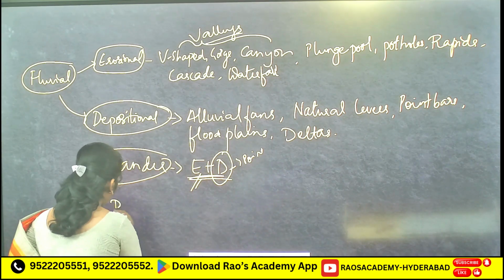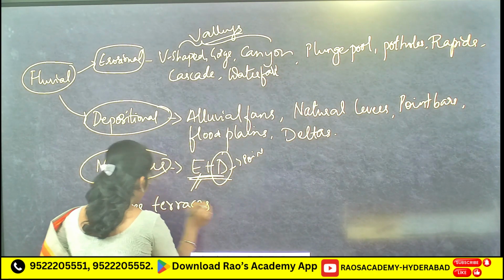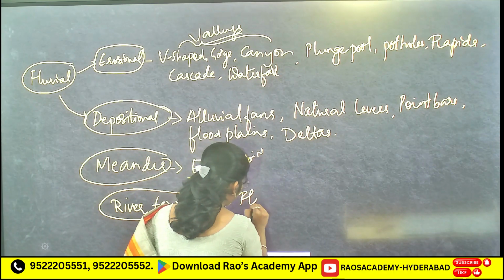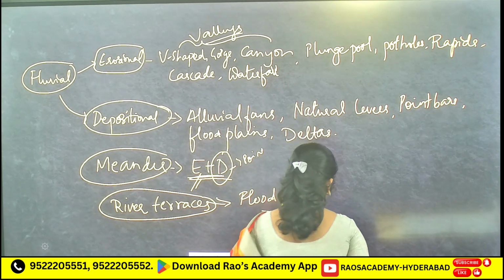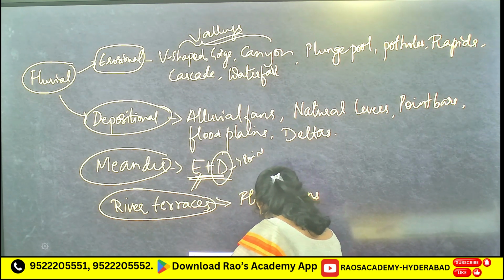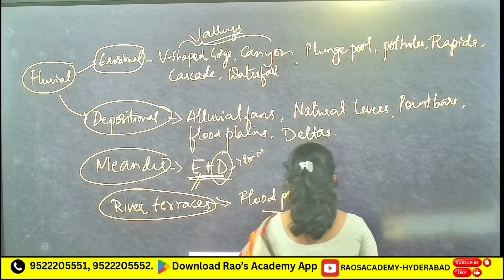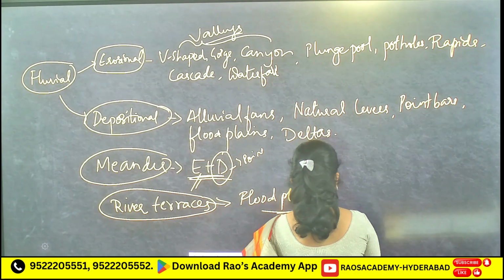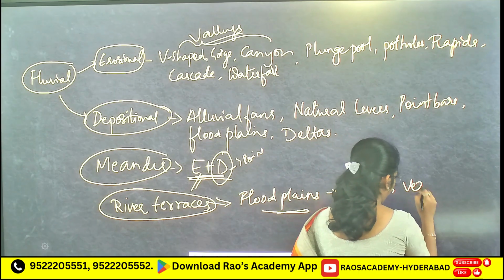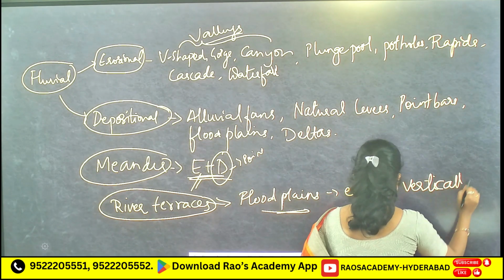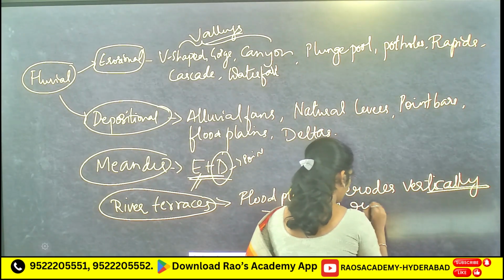Next, one more thing we have missed: river terraces. When a floodplain erodes vertically, it erodes its own deposition.